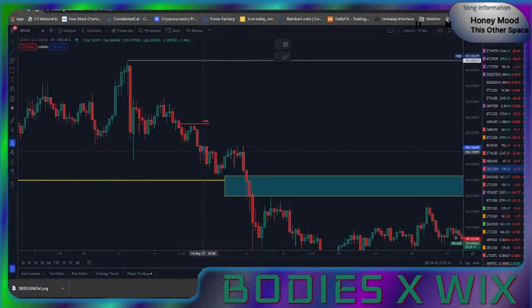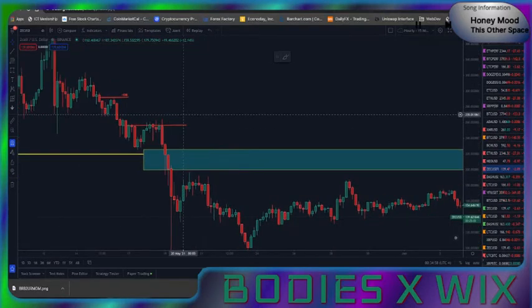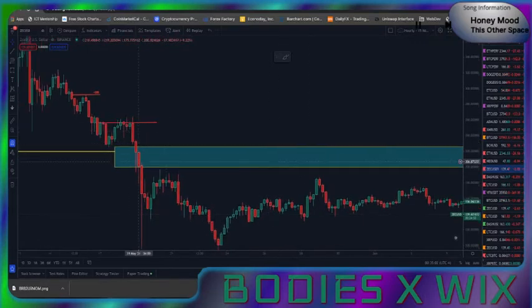Let's draw this over here. You can see all the candles came up to it, bounced off of it, came up to it, bounced off, and then dropped. And then here you have, I think this was a daily fair value gap that I drew.